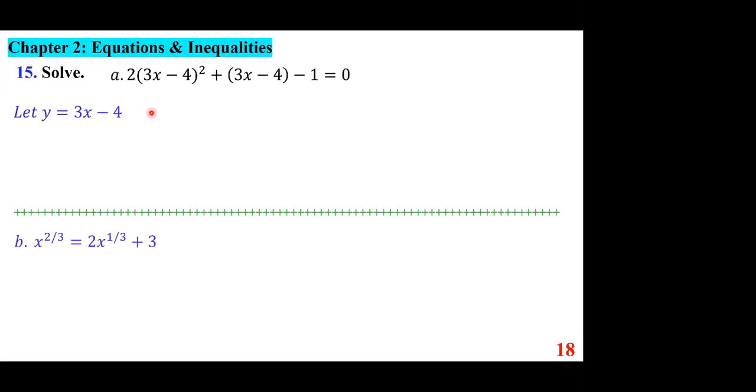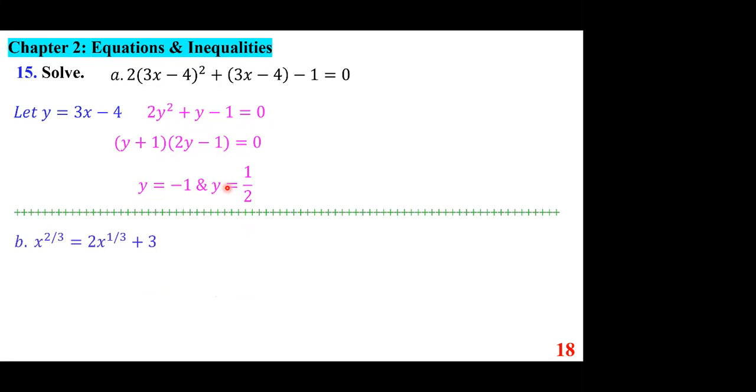And so now you have 2y squared plus y minus 1 equals 0. Okay. You can factor this into (y plus 1) times (2y minus 1). And so this gives you y equals negative 1. This gives you y equals 1/2.